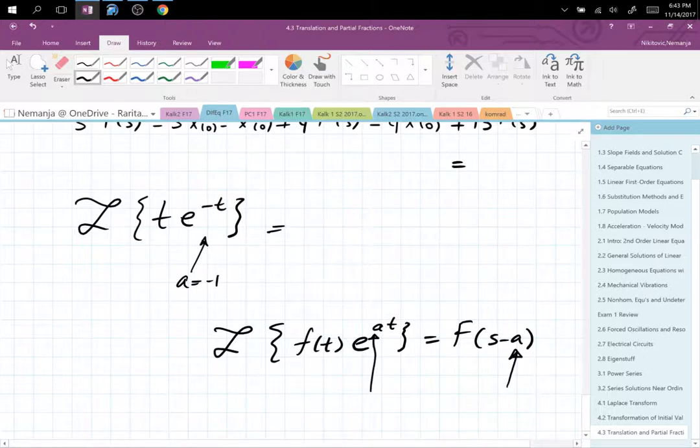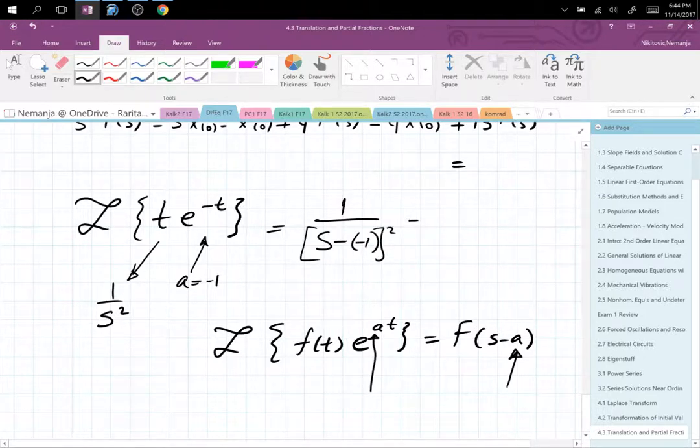The transformation of t is 1 over s squared, and that a is negative 1. So when you put those two together, the form is 1 over s minus negative 1, everything squared, which gives us 1 over s plus 1, everything squared.